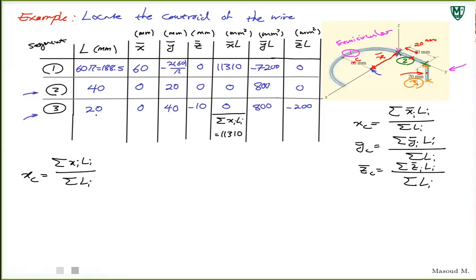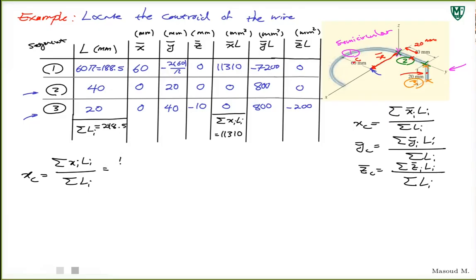The summation of LI is just summing up all the length values: 20 plus 40 plus 60 pi, so it becomes 248.5.